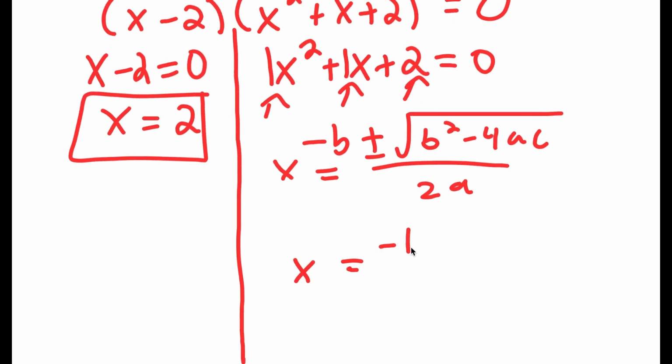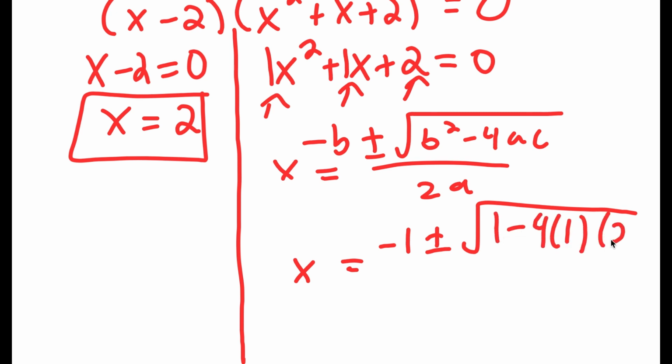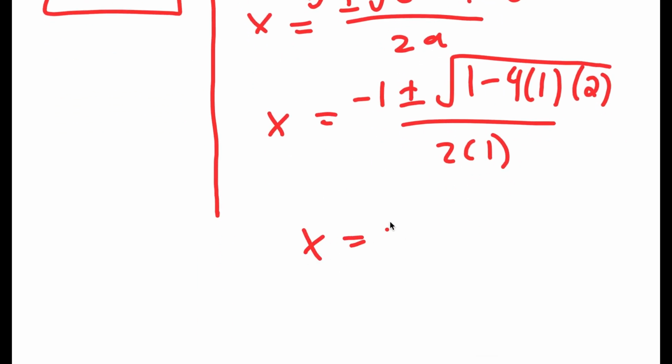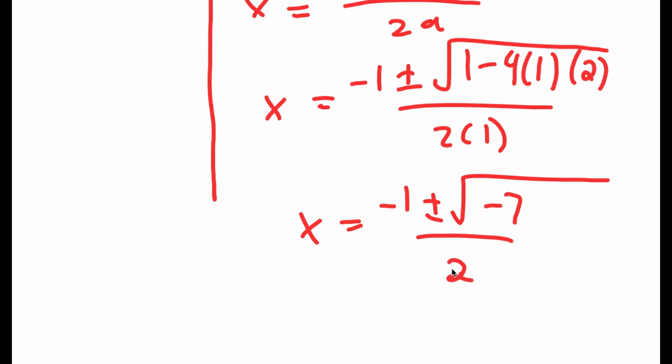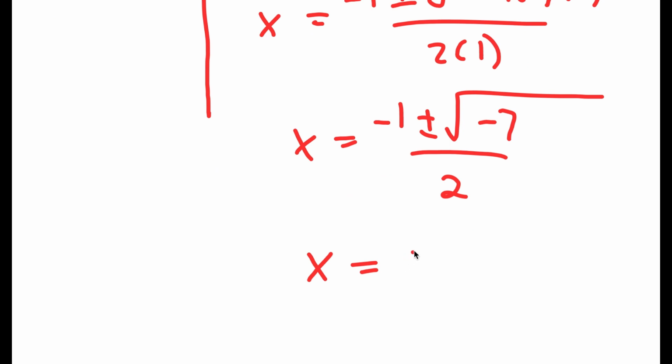So I get x is equal to negative 1 plus or minus the square root of 1 squared, which is simply 1, minus 4 times a, which is 1, times c, which is 2, all over 2a. And this is equal to negative 1 plus or minus the square root of 1 minus 8, which is negative 7, all over 2. And this is actually equal to negative 1 plus or minus the square root of 7 times the square root of negative 1 over 2.